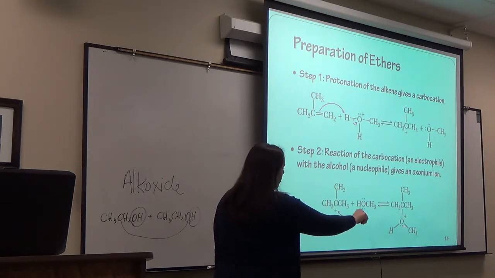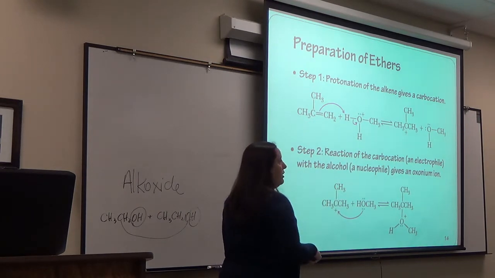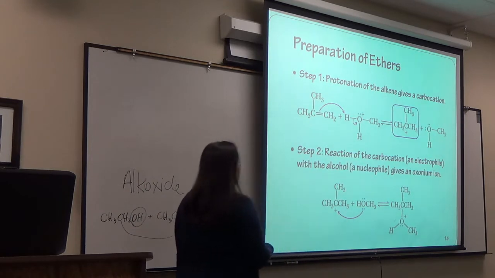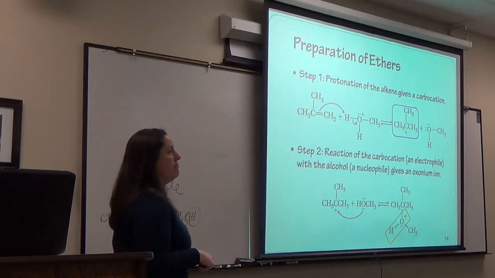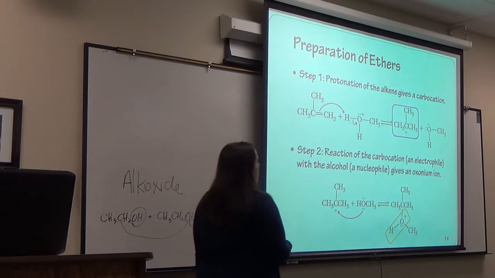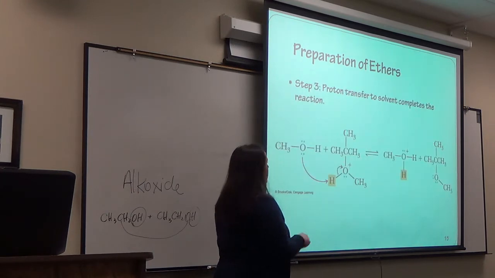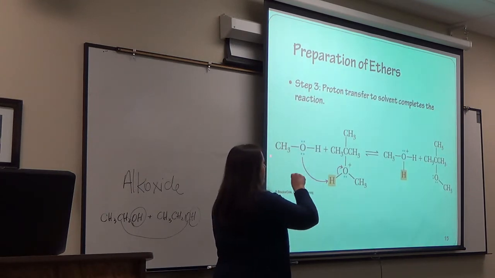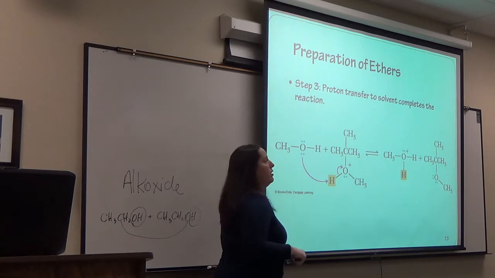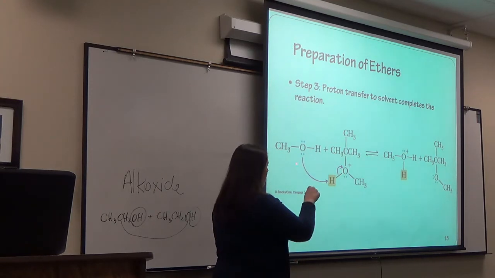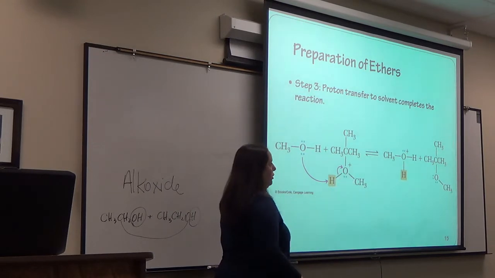And again, there's an extra hydrogen here. There's still an ion, that oxonium ion. So we do have to take care of that. Okay, and that's the third step. So again, now we're not doing this in water, so another methanol molecule comes in and picks up the hydrogen, and now you have your ether.